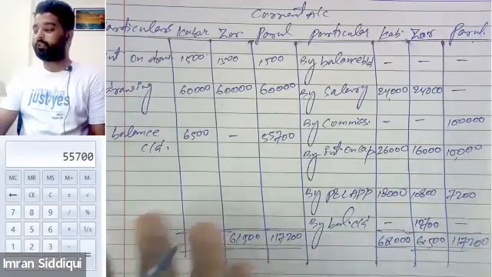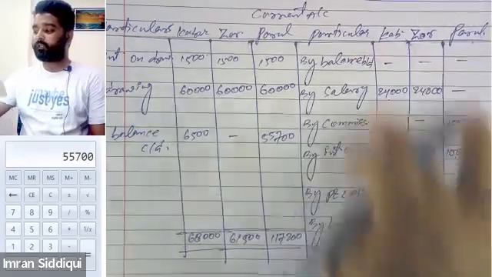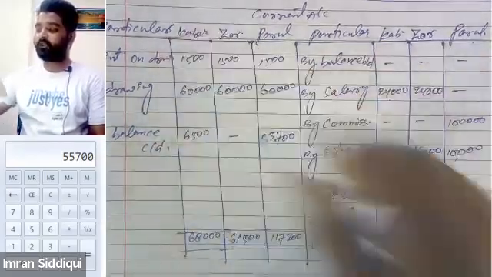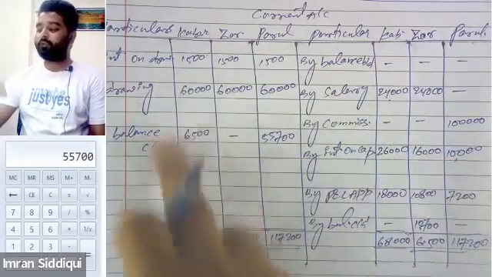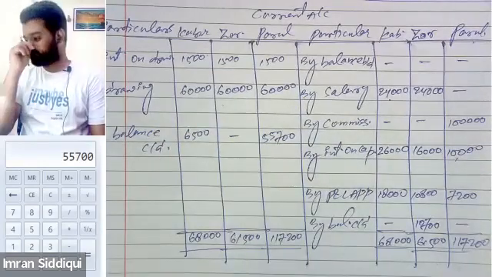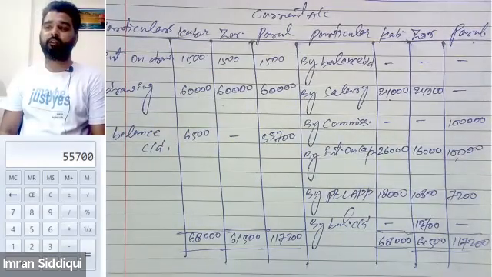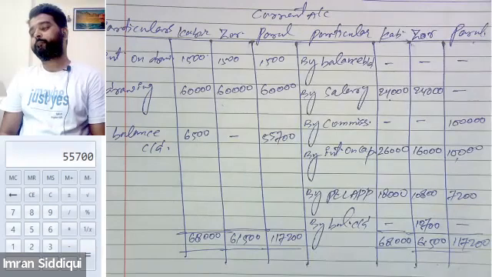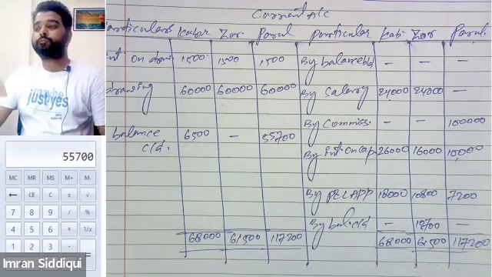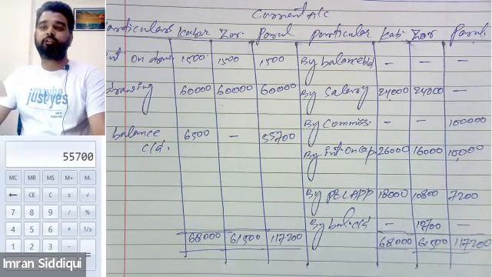And similarly, since the credit side of Parul is greater than the debit side, after subtracting the debit side values out of the credit side value, the remaining amount will be the credit balance, 55,700. Am I clear? Yes or no, everyone? Halima, Aman? Yes, sir.